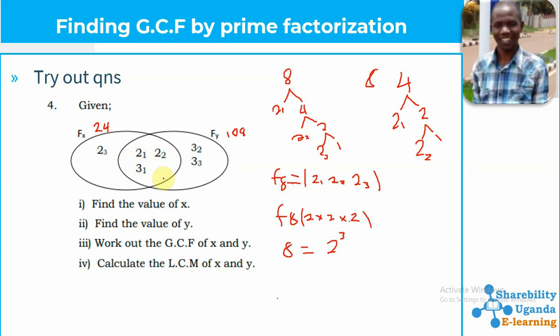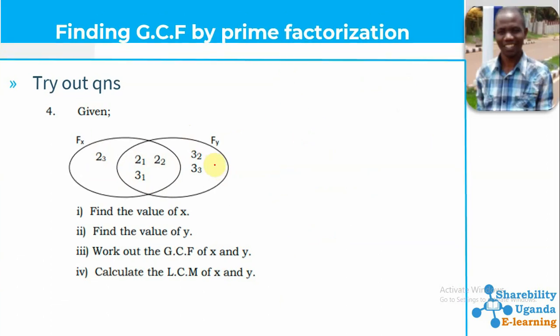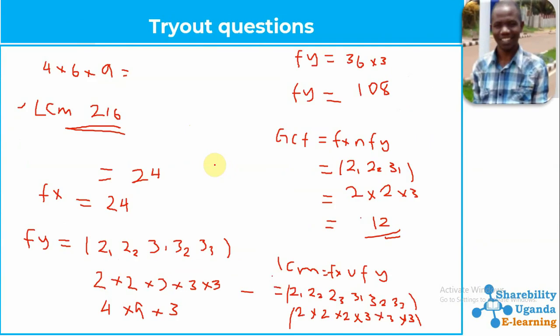Still it should not be very hard for you to solve and come up with the right answer. Also be able to use a multiplication form for you to come up with the numbers that are unknown. Also, with getting the greatest common factor, remember we have used the formula, which is f of x, the prime factors of x, intersection the prime factors of y, which has already been given in our set.